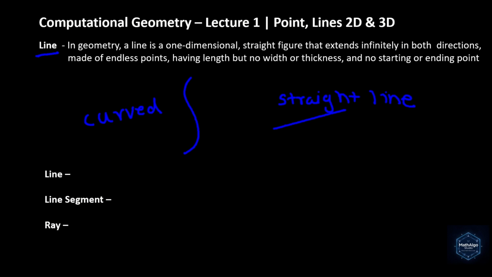Now let's understand the difference between a line, a line segment, and a ray. A line extends infinitely in both directions. A line segment is a part of a line that has 2 endpoints. It has a fixed length.